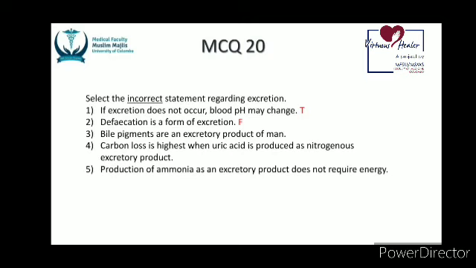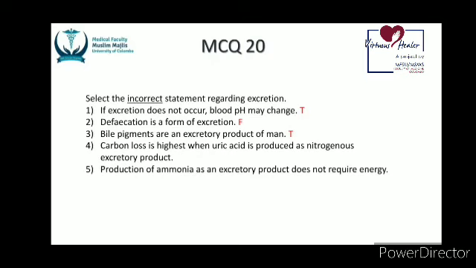Within the macrophages, hemoglobin will be broken down into heme and globin, and this heme part of hemoglobin is going to further convert into different products like biliverdin and finally bilirubin. So bilirubin or bile pigments are a byproduct of a metabolic process that occurs within cells, and therefore bile pigments are excretory products, and the third statement is therefore true.